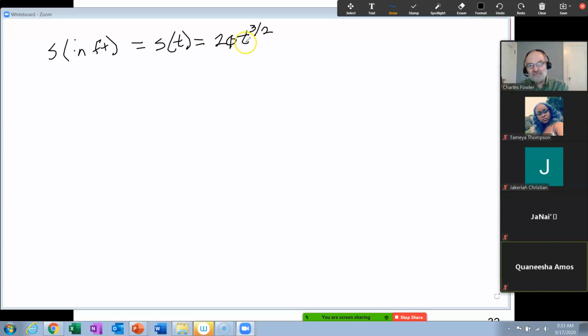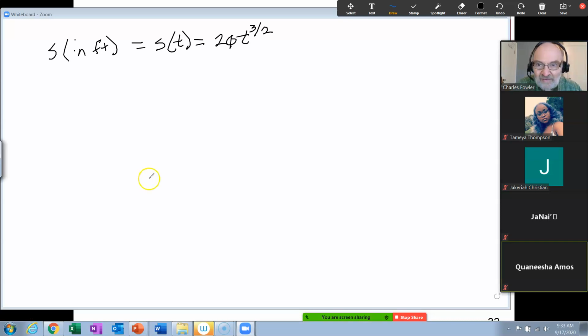When t is equal to 4, the square root of 4 is 2. 2 cubed is 8. 8 times 20 is 160 feet away. So that guy is moving pretty quickly. That's how we do radical exponents, in case you had forgotten.